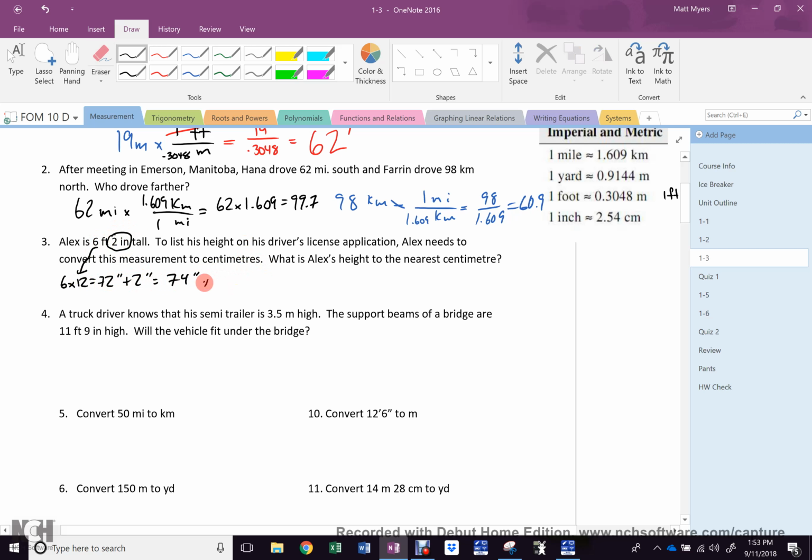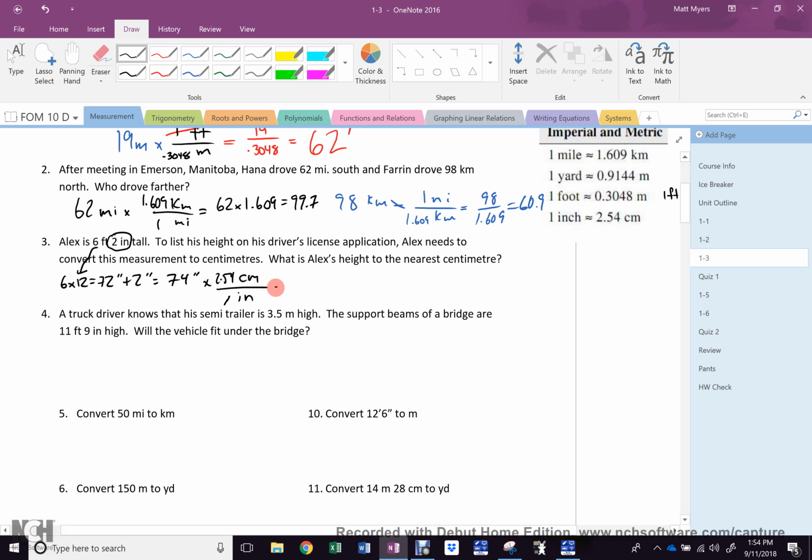Now, I need that in centimeters. So I'm going to multiply by what's our fraction? What goes on the top? Centimeters. And what goes on the bottom? Inches. And where do I get the numbers to fill it in? From the chart. Where does the 1 go? With the inches. What goes with the centimeters? 2.54.